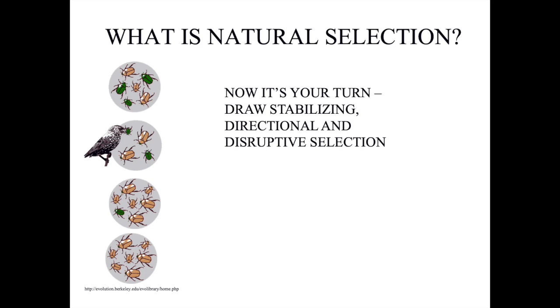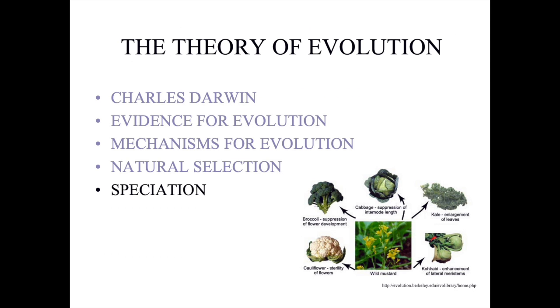And again, speciation is the actual process of how new species form from an original species. So, how does speciation occur? Well, again, if we're looking at evolution as the mechanism, evolution of a new species that occurs when members of similar populations no longer have the ability to breed with each other to produce fertile offspring.